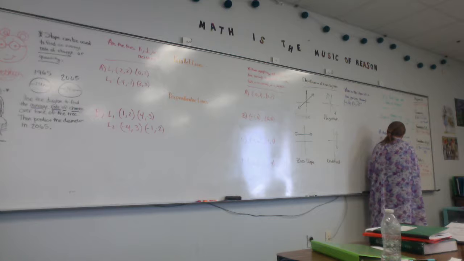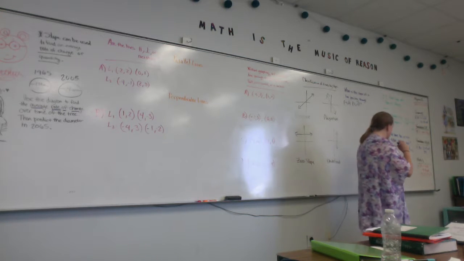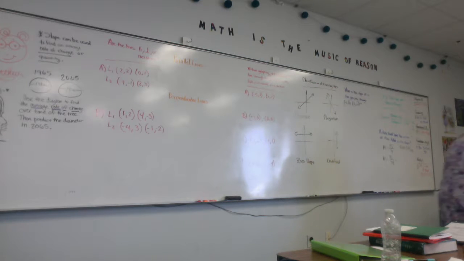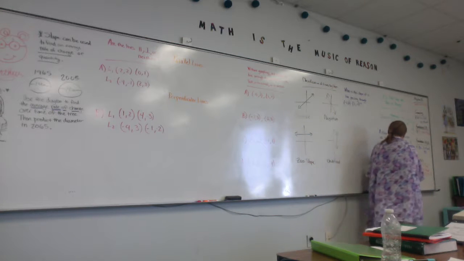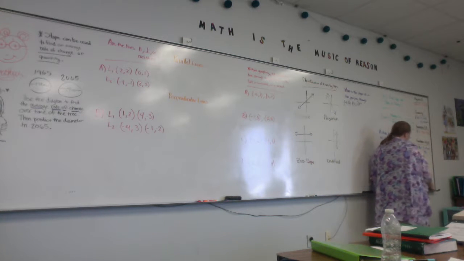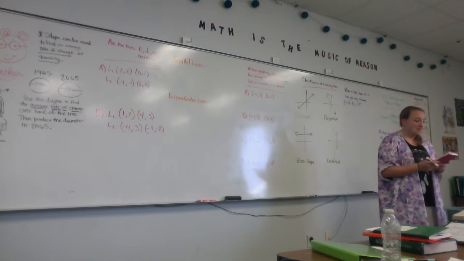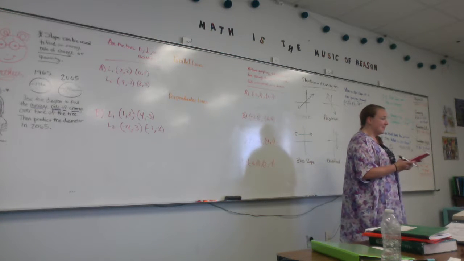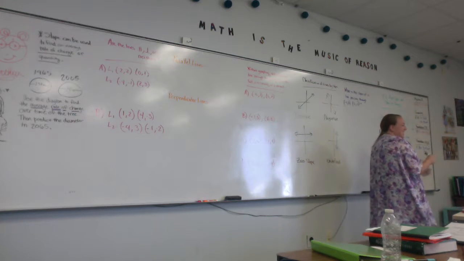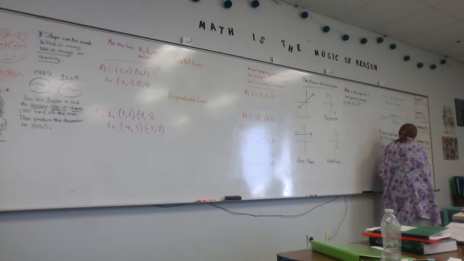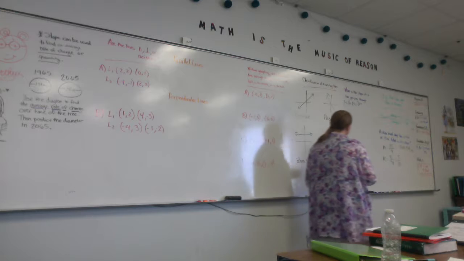What can go into 15 and into 54? 3. 3 goes into 15 5 times. 3 goes into 54 how many? 18. So my slope is 5/18 in this case.